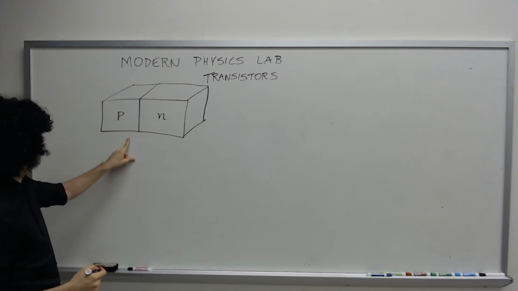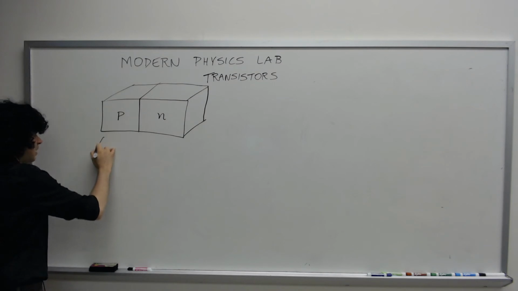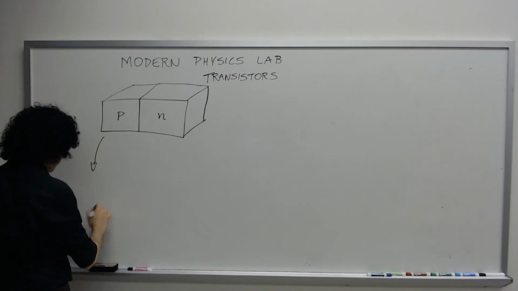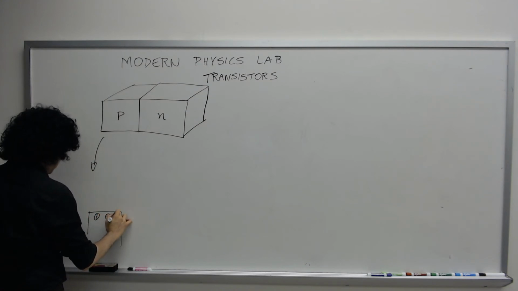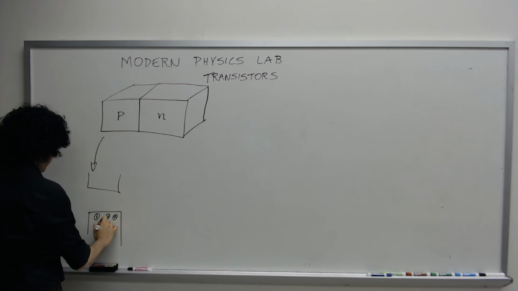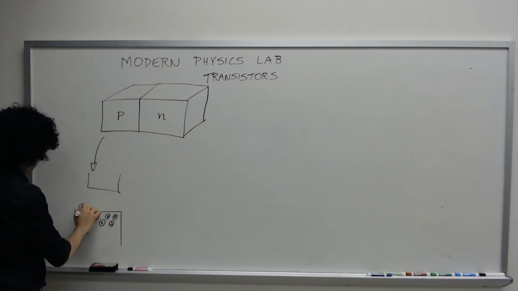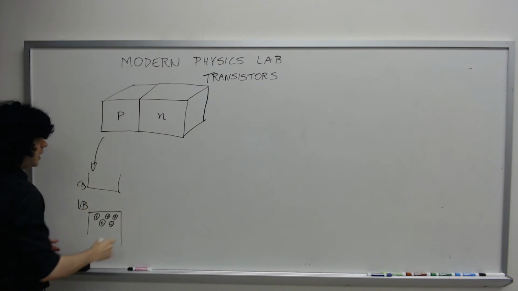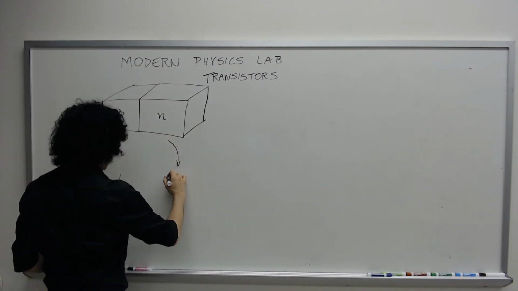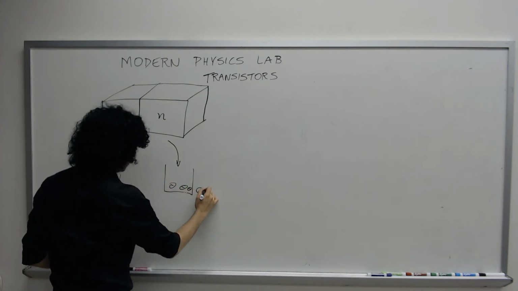So if this is a p-doped, you know that there are holes in the valence band. So you have this type of configuration. And the n-doped has electrons in the conduction band.